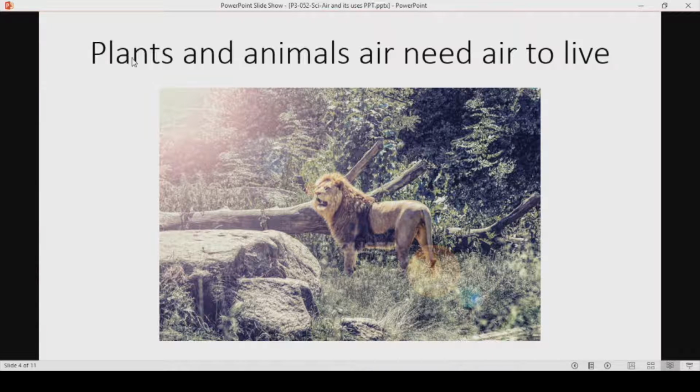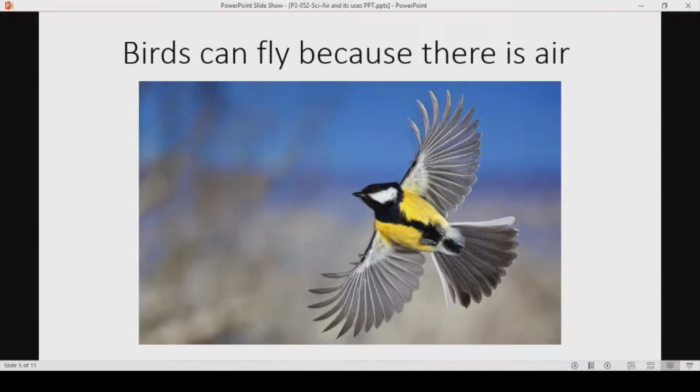So plants and animals need air to live. Yes, the lion needs air to breathe. And the plants and the trees also need air. How about this picture?